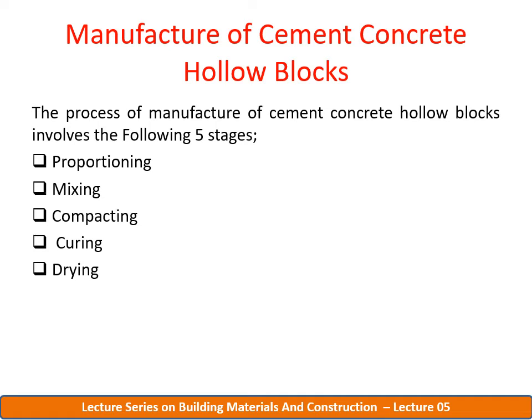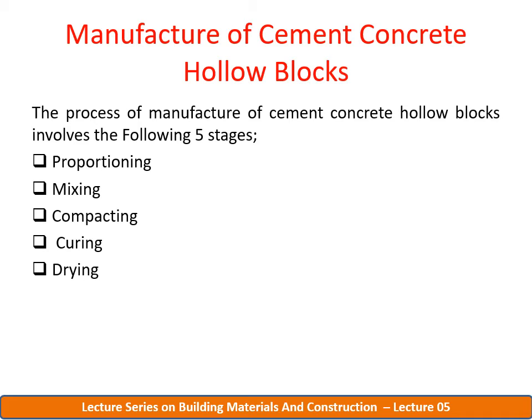The stripper head is placed over the mold to bear on the leveled material. Vibration causes the concrete to come down to its limit position. Then the mold box is lifted by the lever.